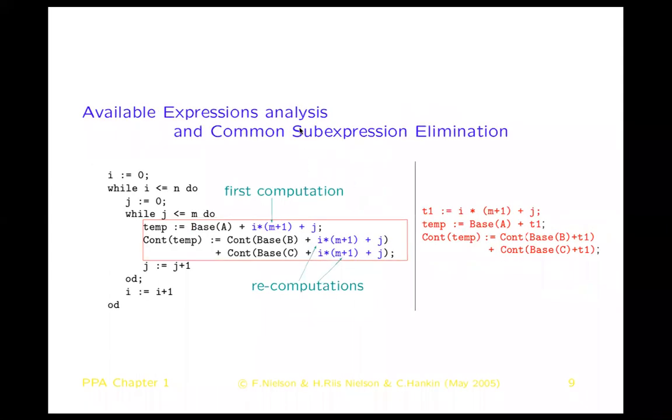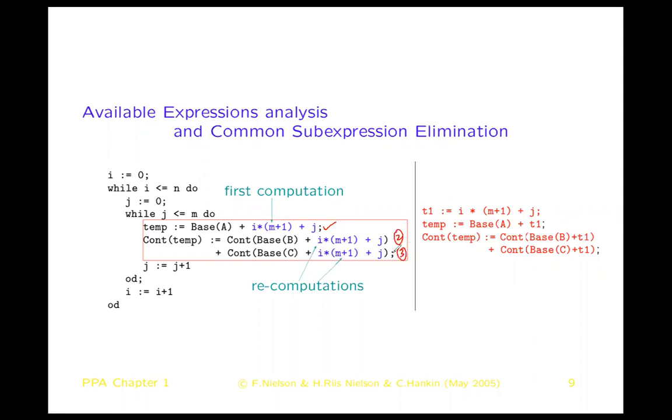If you look at this code, the whole subexpression i star m plus 1 is being computed. This is the first time we are computing, this is the second time, and this is the third time.